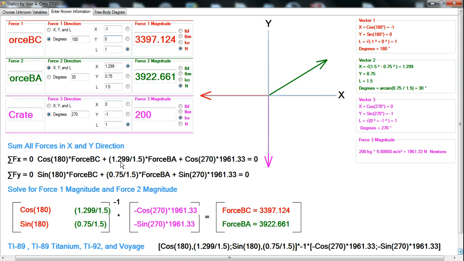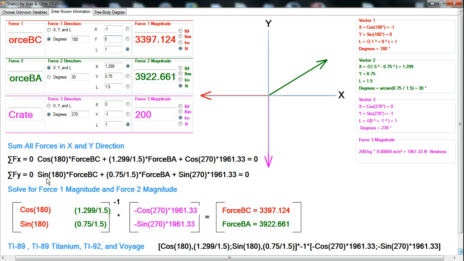So if you look back here, this is 1.299. This is the x component here that we calculated. You can also use cosine of 30 degrees either way. 1.29 divided by 1.5 or cosine of 30 degrees, it's going to be the same.